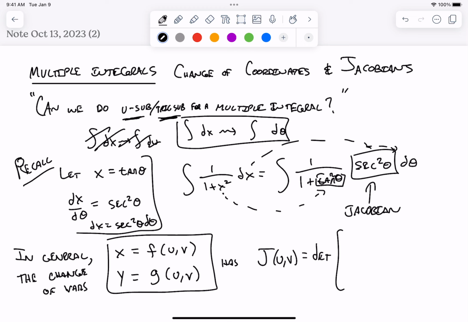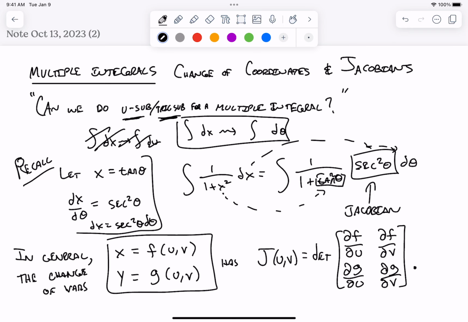It's a certain determinant: the determinant of the matrix with partial f with respect to u, partial f with respect to v, partial g with respect to u, and partial g with respect to v. It's the determinant of that matrix of partial derivatives.